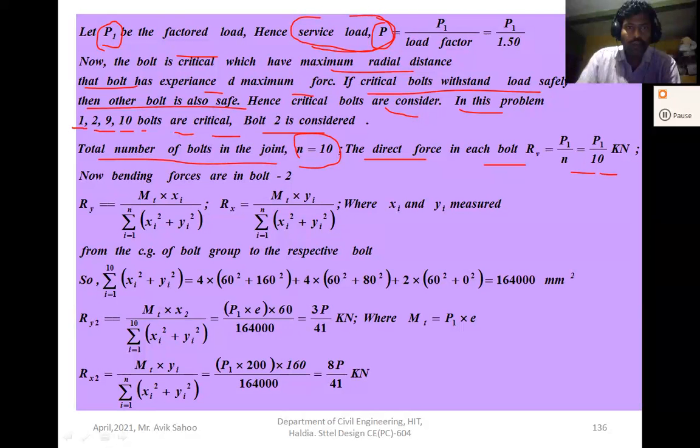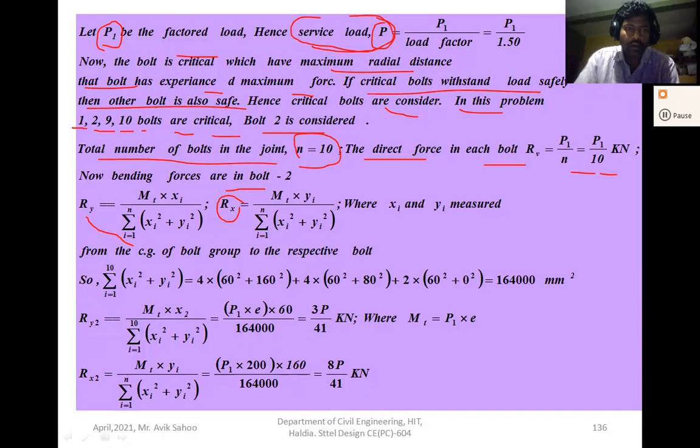Now the bending forces in bolt 2: using this expression, the vertical component of the bending force is MT into xi by summation of xi square plus yi square, and the horizontal component of the bending force is MT, the total moment, into yi by summation of xi square plus yi square.